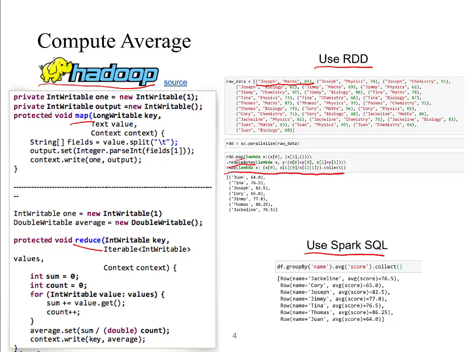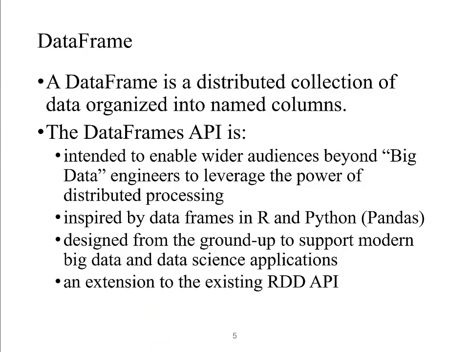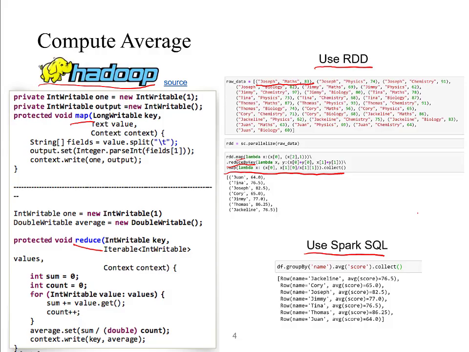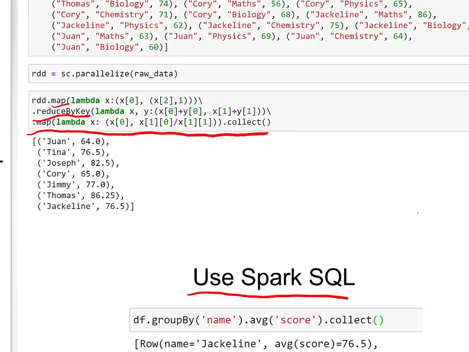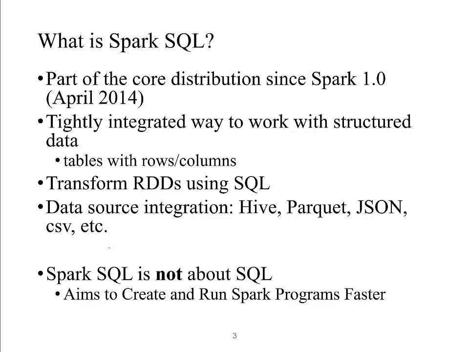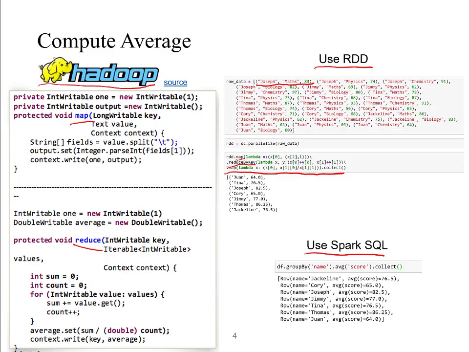So x0 is the name, x2 is the score, because we want to compute the average, so the cost doesn't matter. Then for this map, we convert the tuple into a name and a score and one tuple. So the key would be the name, and the score with a 1 would be the value.